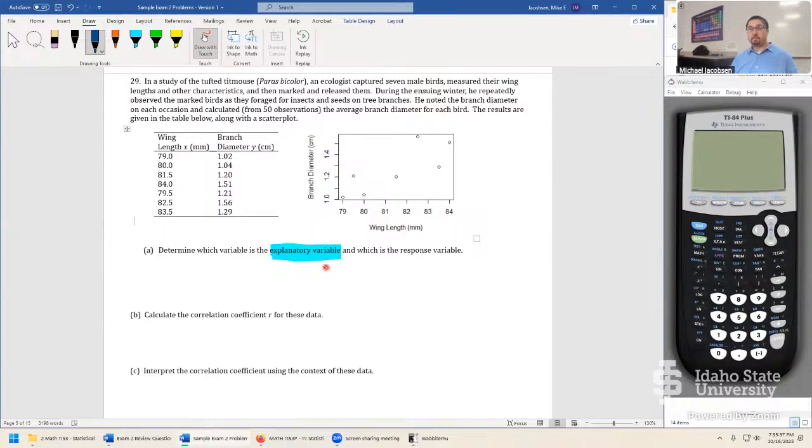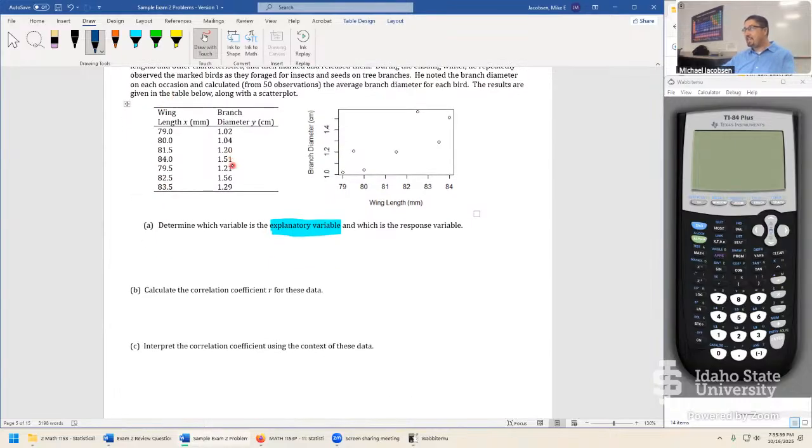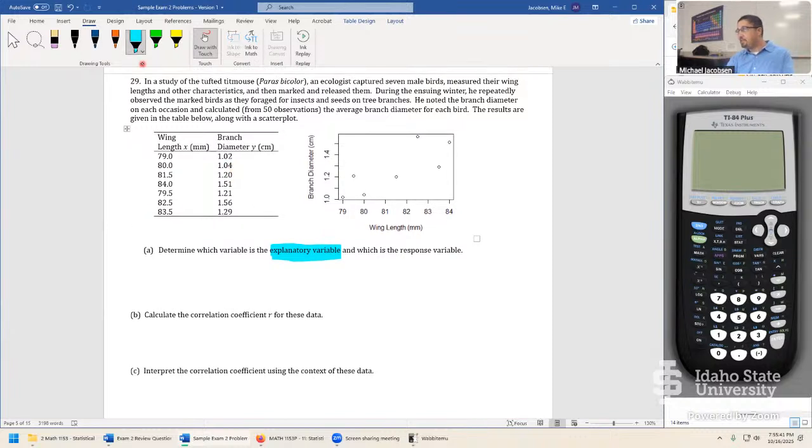Wing length. Absolutely. So on these kinds of data, it's common courtesy to always put your explanatory variable first. And at the same time, if you're seeing the scatter plot, it's required your explanatory variable is on the horizontal axis. So it's always going to have that kind of correspondence.